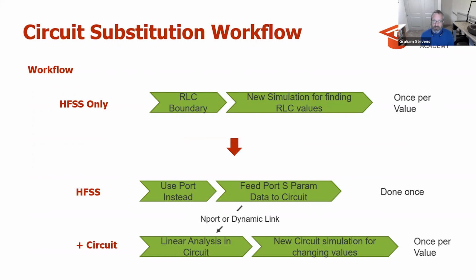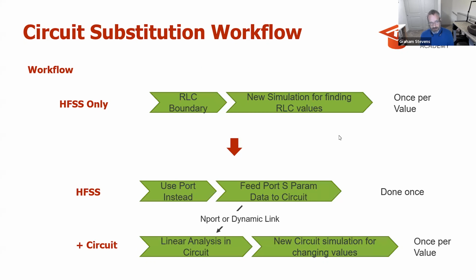And if I am interested in changing or optimizing what those RLC values are, the resistance, the inductance, or the capacitance, I have to change those values in terms of an optimization or parameterization, and I rerun the HFSS simulation and I get the results. And you have to rerun an HFSS simulation each time you're changing those values.